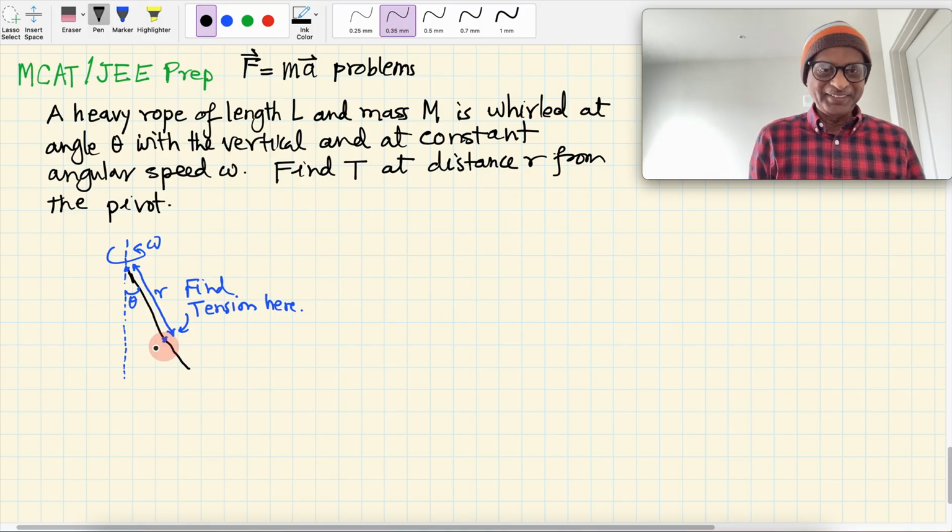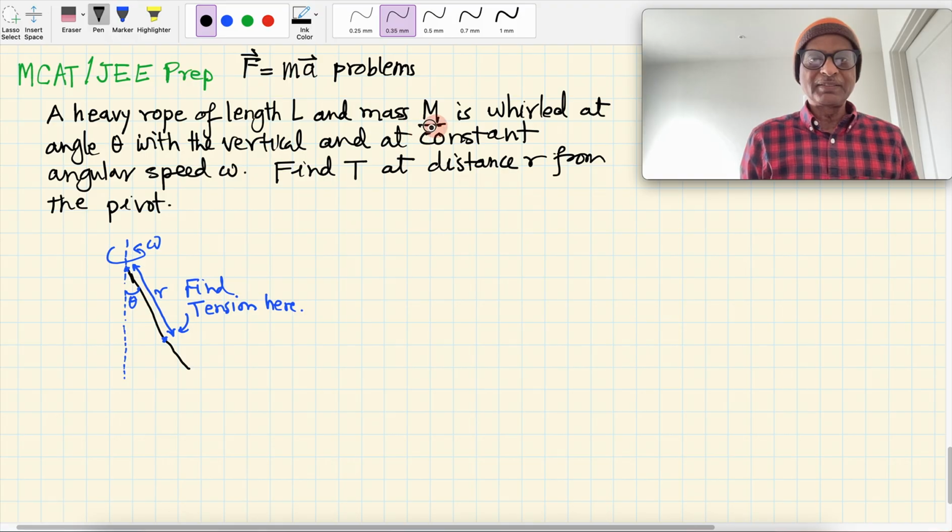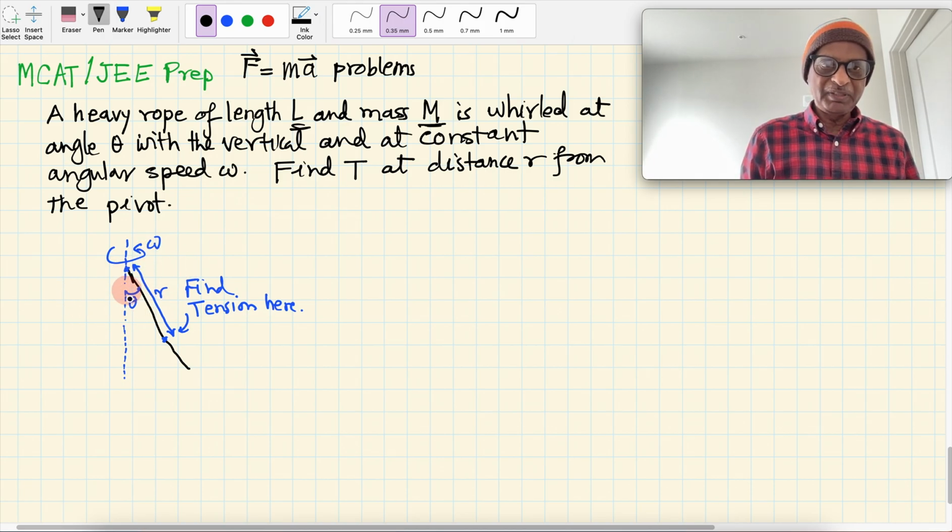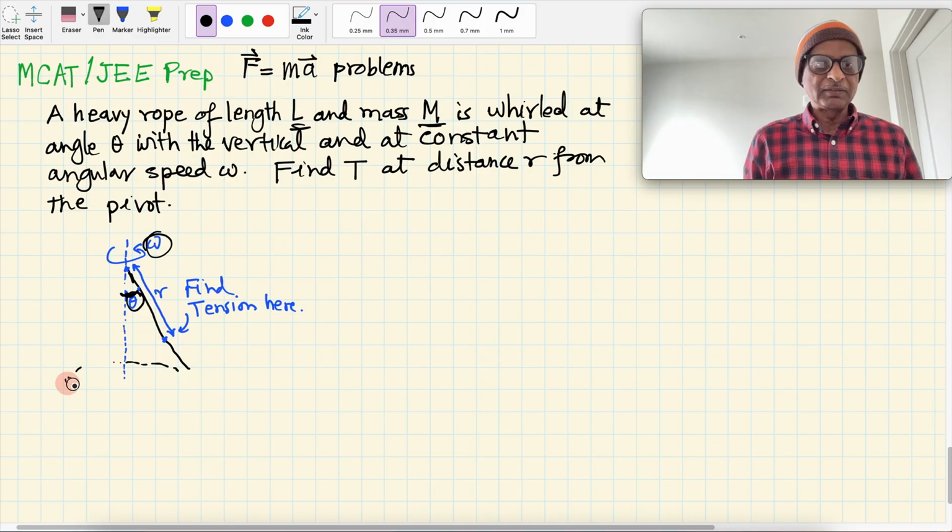It's supposed to be straight, and it's got some mass M, length capital L. And it's swirling at a constant omega and keeping this angle fixed. So this is fixed, okay? And it's going around, so you can see it's going to make a circle like this.